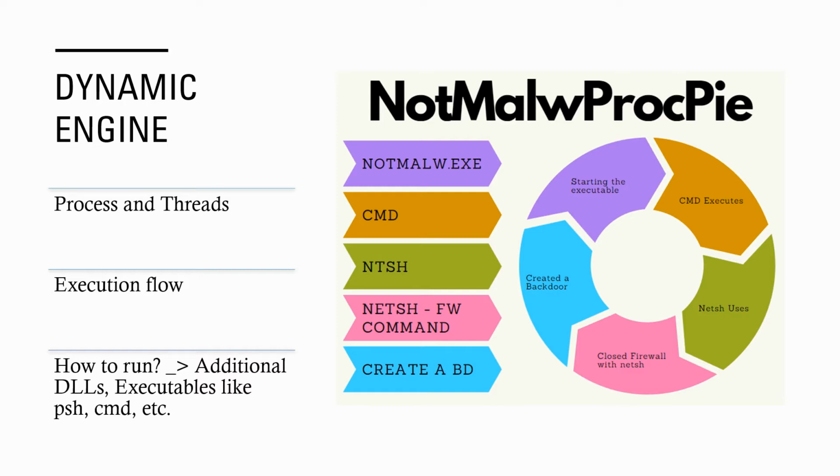And on the process and thread side, we find cmd executes. In the execution flow, maybe this malicious code uses a process injection technique, finds a PID, creates a memory space, copies the payload, and executes it. This is a malicious flow for us.